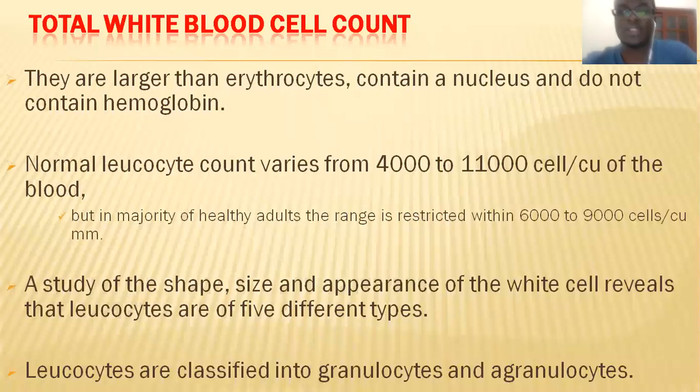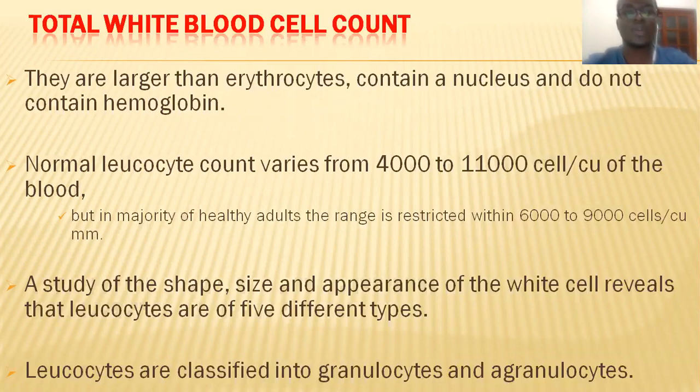So we just have to add some more information so that when we do the actual thing in the lab, it will become very easy because you have the information at hand. After doing the total white blood cell count, we'll also look at the differential white blood cell count.